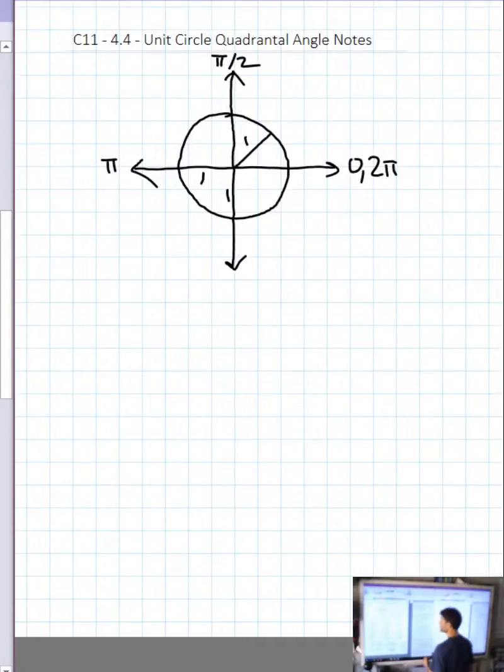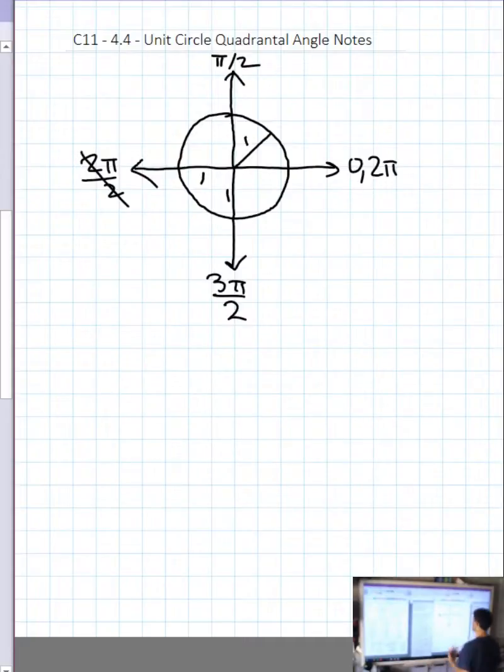You'll rarely see me do angled slash fractions, only when I don't have enough room. Down below will be 3 pi over 2. Because we have 1 pi over 2, and 2 pi over 2, and 3 pi over 2, and 4 pi over 2, etc. And then I'm going to put all the points on the unit circle. So I have this point off to the right, and if I have a radius of 1, it will be (1, 0).